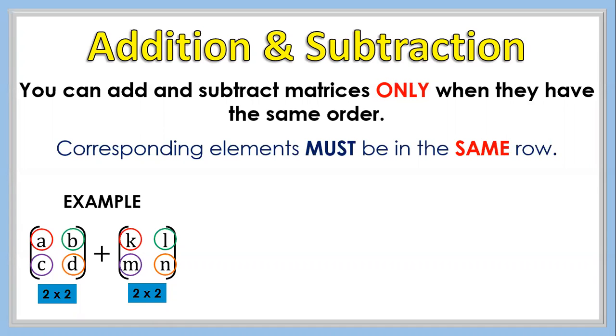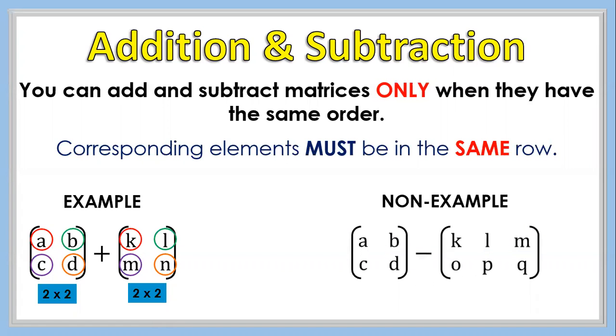Let us look at a non-example. In this example, we have two matrices. The first matrix is a 2 by 2 matrix where the members are A, B, C, and D. Do you know the order of the second matrix?